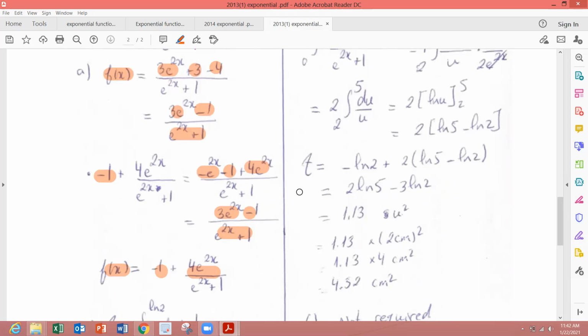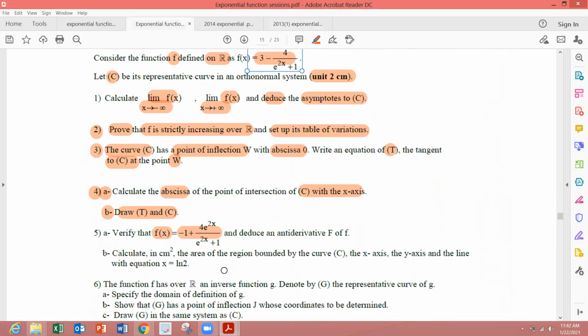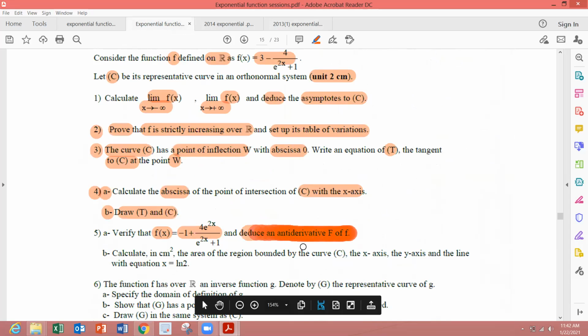Now, the question is, calculate and deduce an antiderivative F of f. How to deduce an antiderivative F of f?